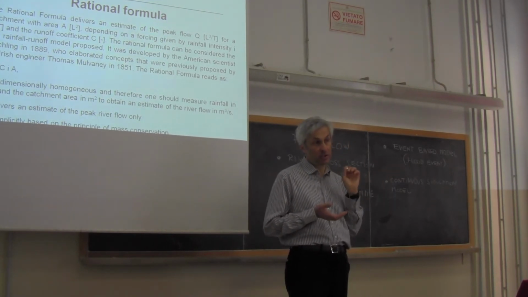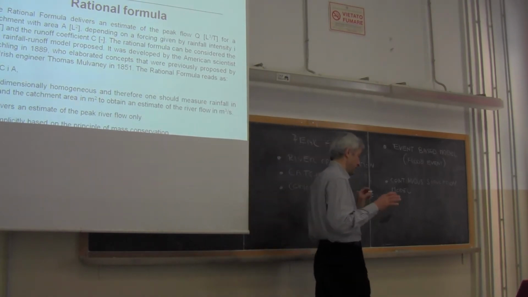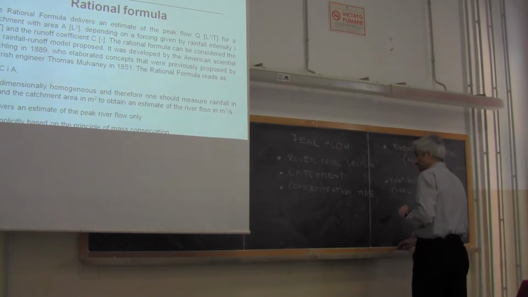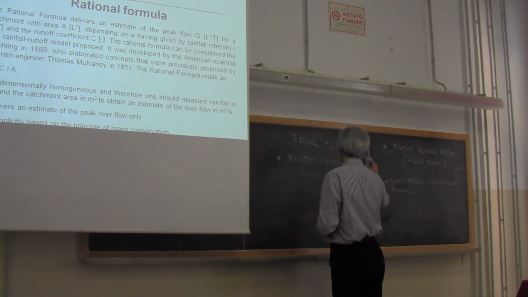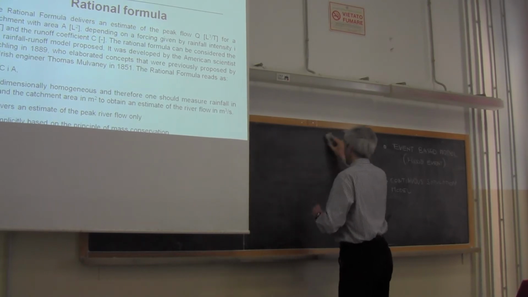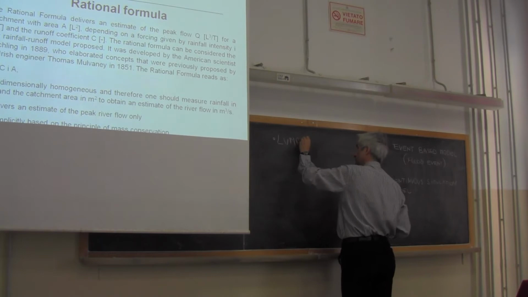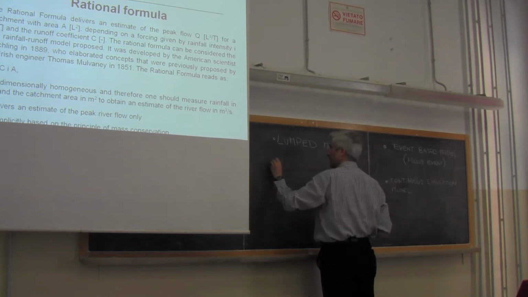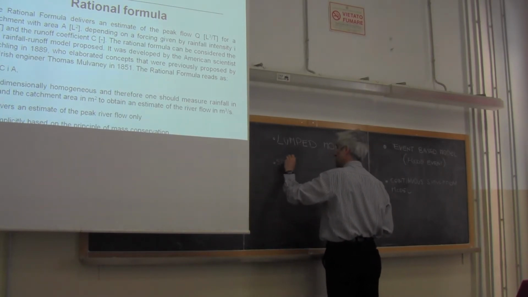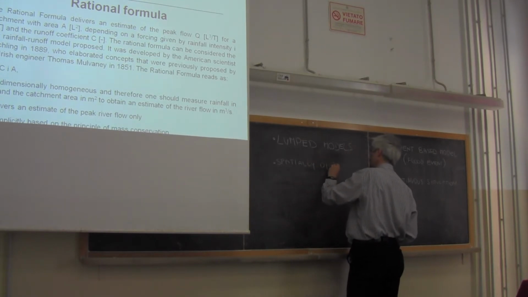The second classification I want to mention divides the models again into two categories. These two categories are lumped models and the counterpart, spatially distributed models.